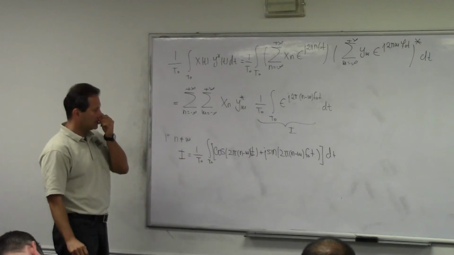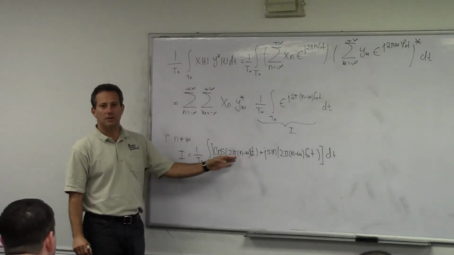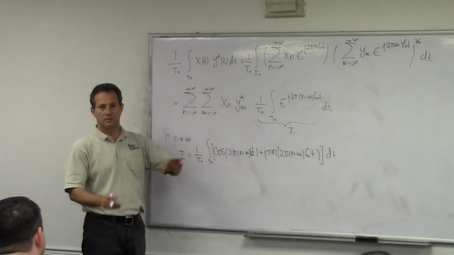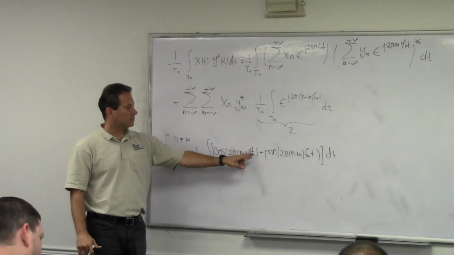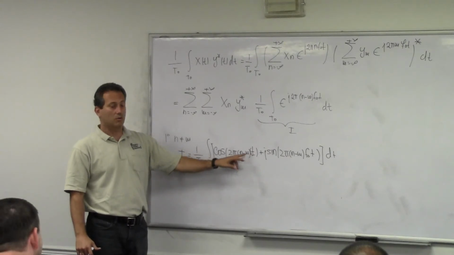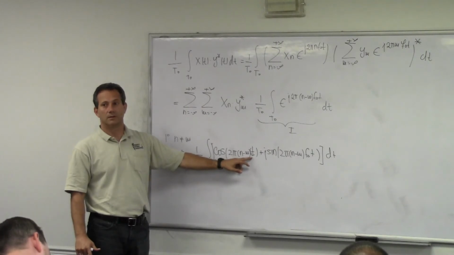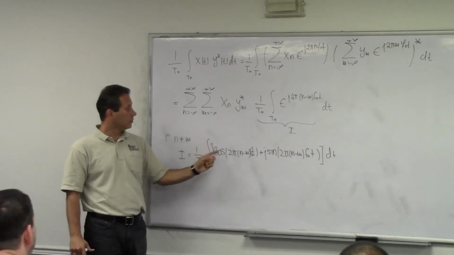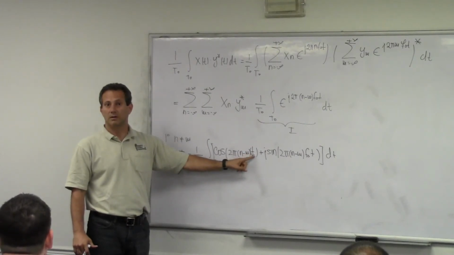Well, let's look at it. What does it actually do? If n minus m is equal to 1, so they're right next to each other, then you have 2 pi f0 t. What's the period of that one? It's 1 over f0, right? It's T0.